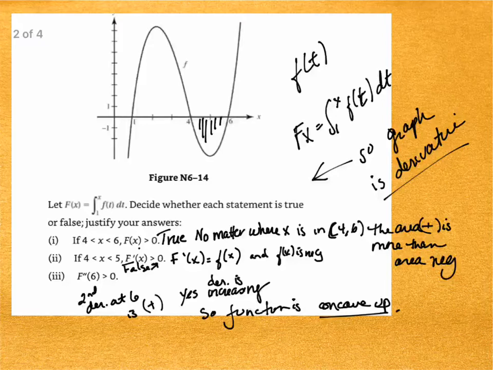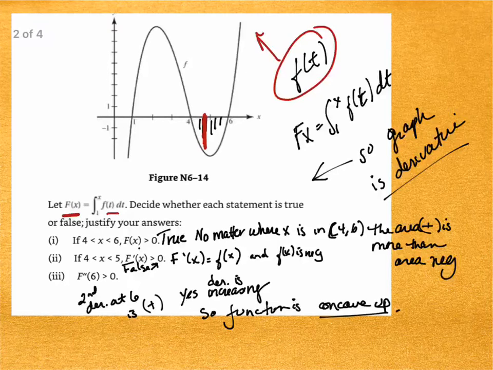Let's see. We have this function here, and this is given. It's on your paper, but this is the derivative of a big function. That's because it said F of x is the integral from 1 to x of f of t, and this was f of t. So this is the graph of the derivative. Then you're just supposed to see which is true. If we pick an x between 4 and 6, so let's just pick an x right here, the integral from 1 to, say, 4.3, is going to be greater than 0.